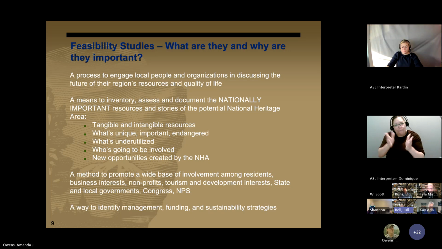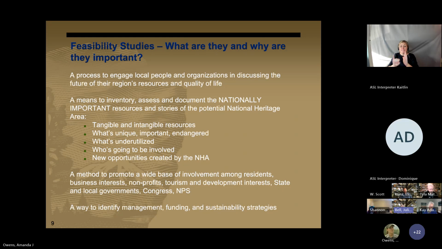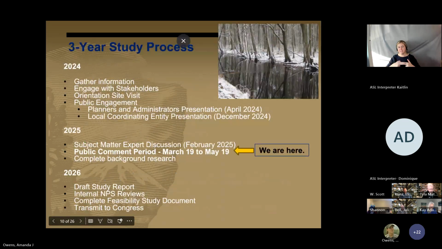And so we want to make sure that it's something that the local community is supportive of. And we also want to help identify a potential managing entity that could manage the area if it is designated. Next slide, please.